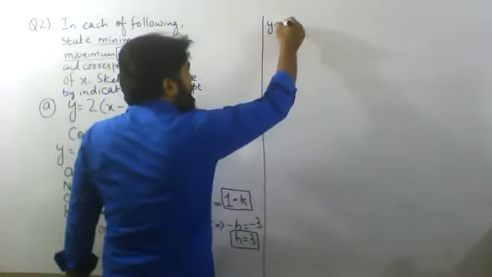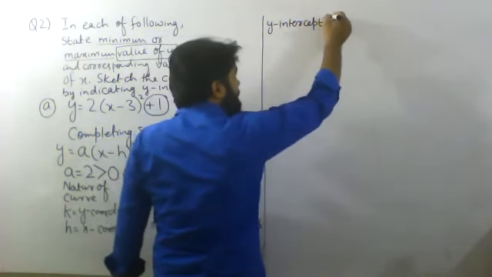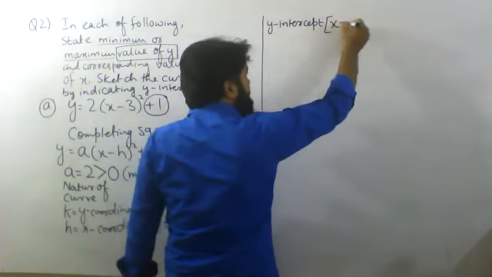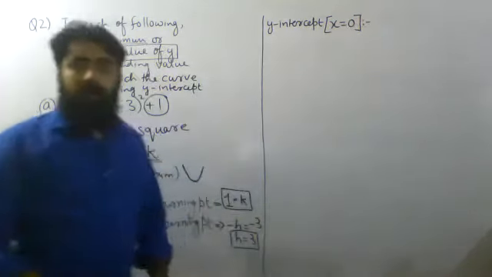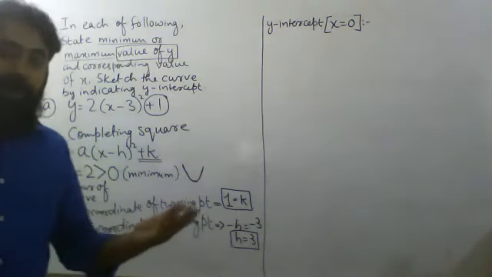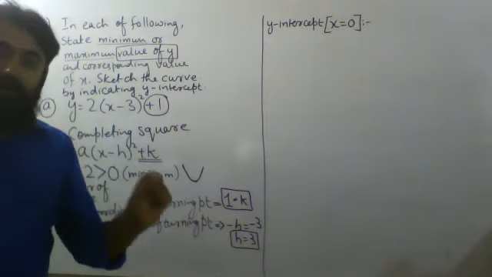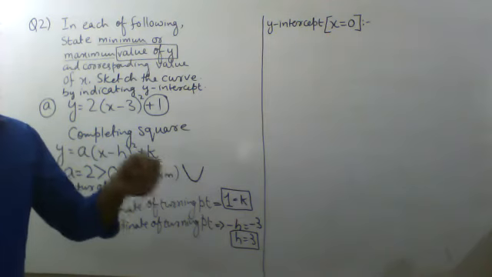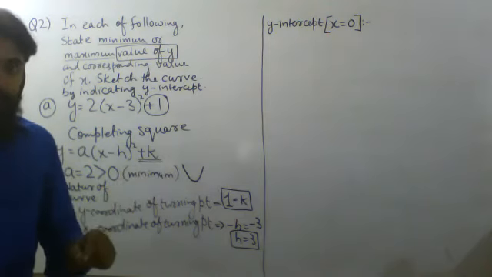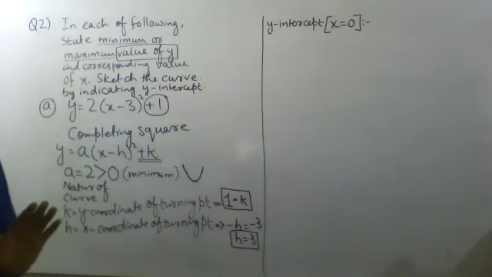Y intercept means when the value of x is taken as 0. Whenever they say find y intercept, you will always take the value of x equals 0. And when they say find x intercept, you will take the value of y as 0. That's a rule which you have to remember, right?